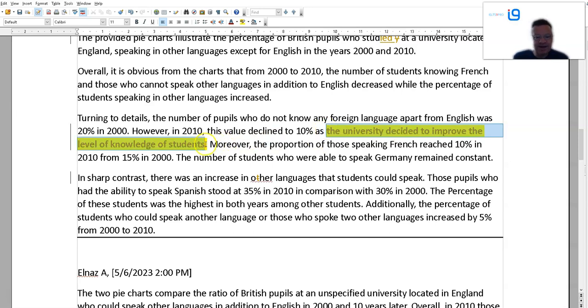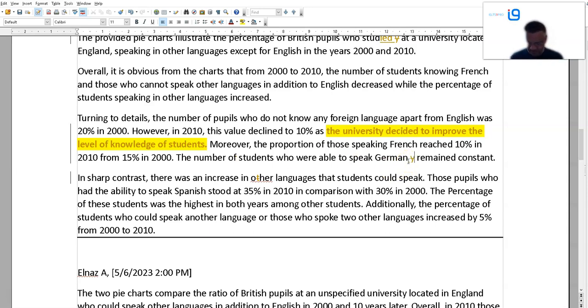You will get marked down because it doesn't say that. It's purely a description: I can see this, we can see that's gone up, that's gone down, there's this figure, there's that figure, that's it. Why this might be, we're not interested, right?